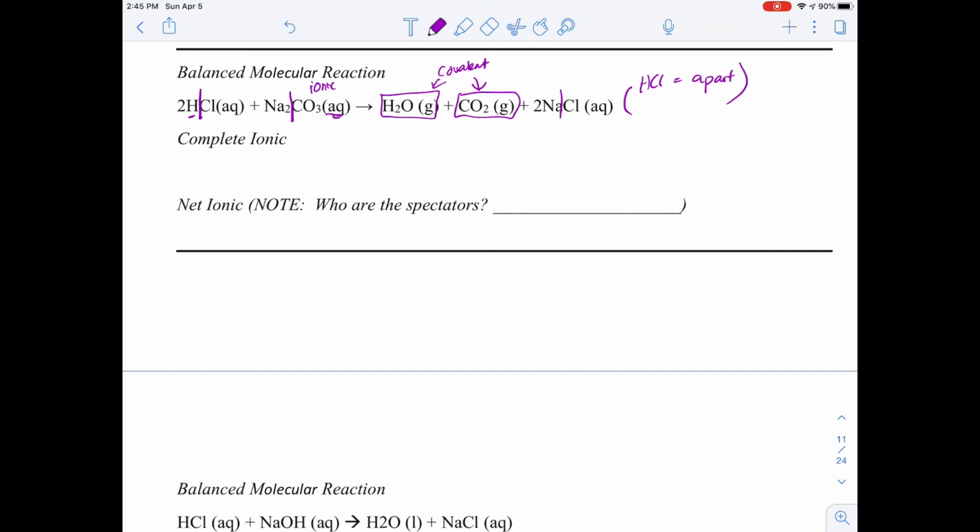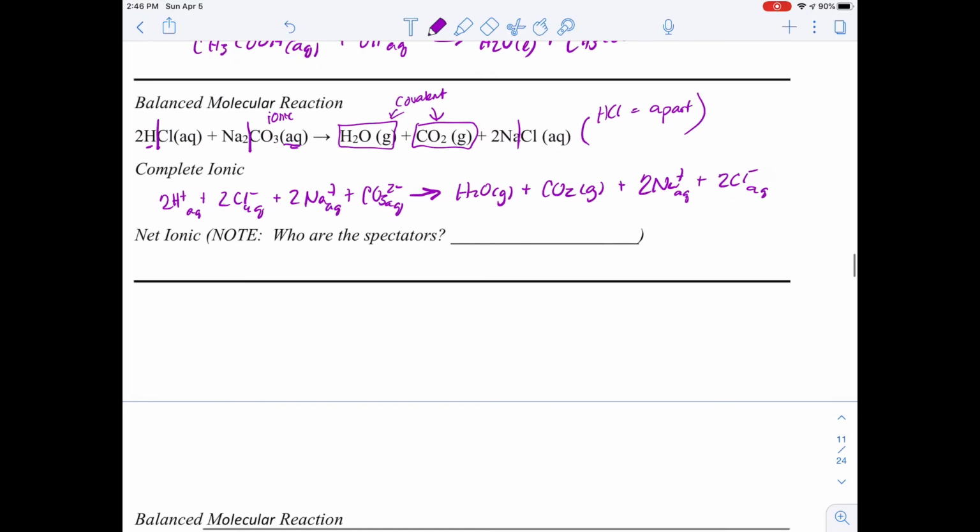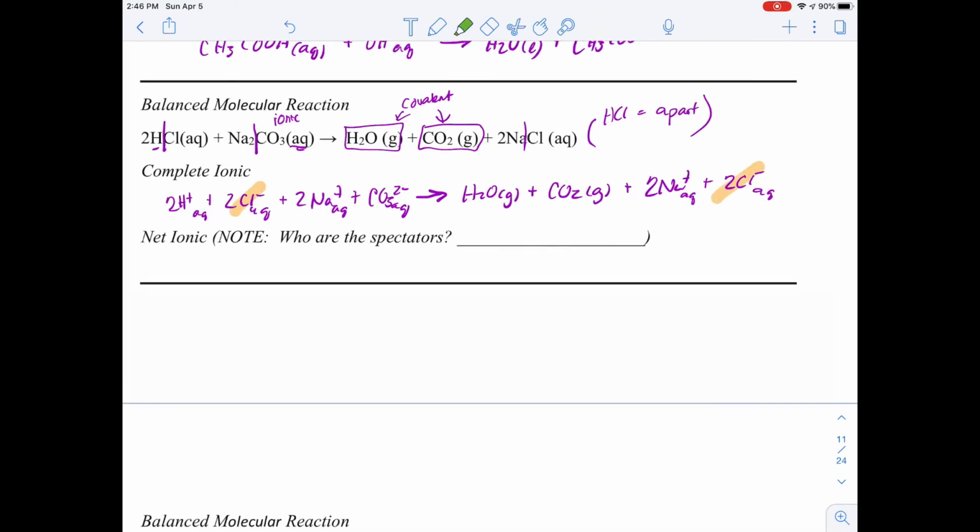So this gives me 2H+ 2Cl- plus 2Na+ CO3 2- goes to H2O gas plus CO2 gas plus 2Na+ 2Cl-. So now the ones we got canceling are our Cls, our Nas.